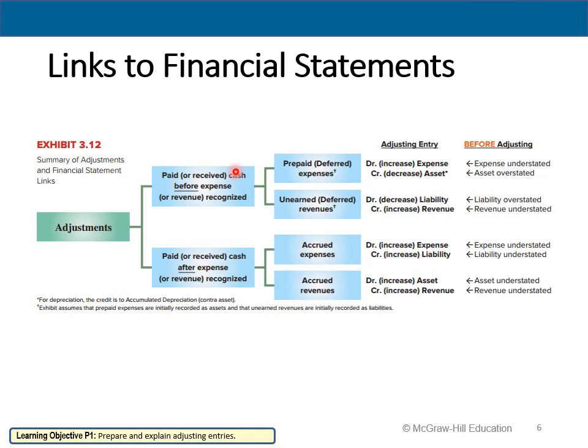So paid cash before expense or revenue is recognized, where you're going to have a prepaid expense or a deferred revenue. Paid or received cash after expense or revenue, so you're going to have accruals in that case. And so these are the adjusting entries. And if this branching analysis helps you, then by all means.